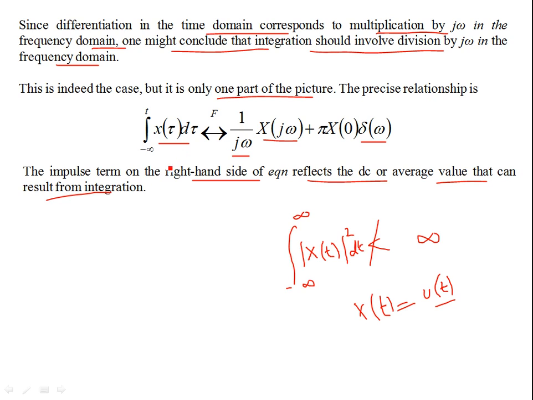For example, if I take the differential of both sides of the signal, then that should imply, in the Fourier domain, the multiplication of the entire term with j omega, right? And you will see that you recover X(j omega) only, because the left hand side will be x(t).